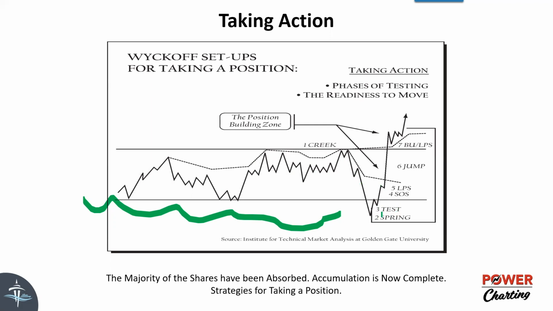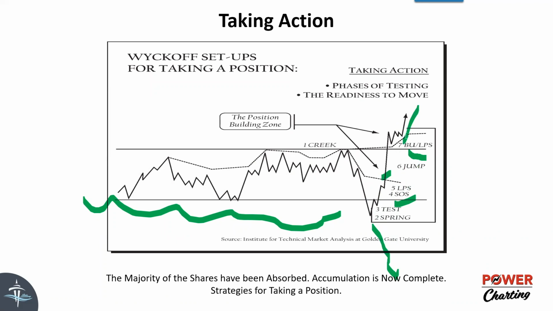But a spring is a place where we look for an entry position, and there are certain characteristics of price and volume that will help confirm this. It's the lowest price, but arguably the highest risk because prices can keep going down. Then we have a last point of support, a sign of strength and jump across the creek, a backup and an LPS, and then we're out of the accumulation range and into a new uptrend.